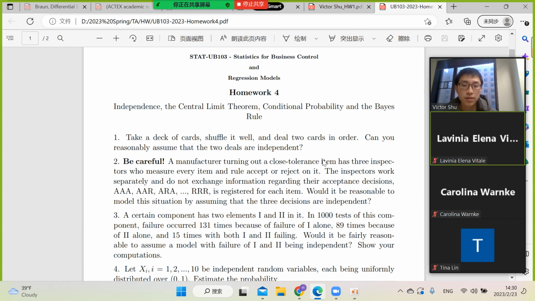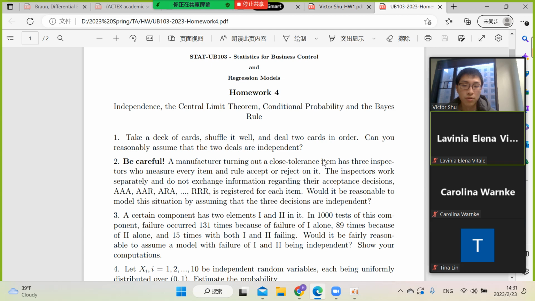And here I think a basic counterexample is, for example, you draw your first card, maybe that's a king, and then the probability of drawing a king in the second deal would decrease, because there are only 3 kings left in your deck.